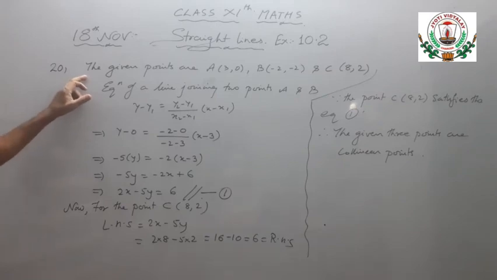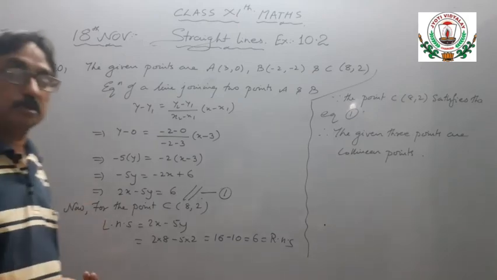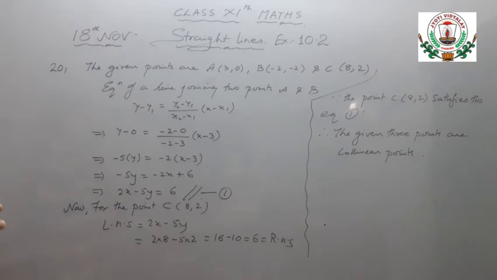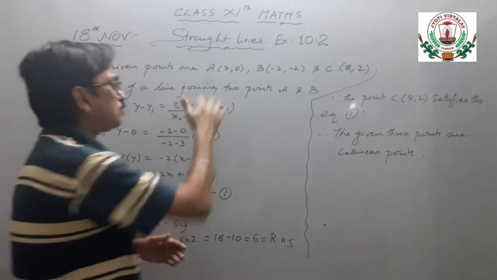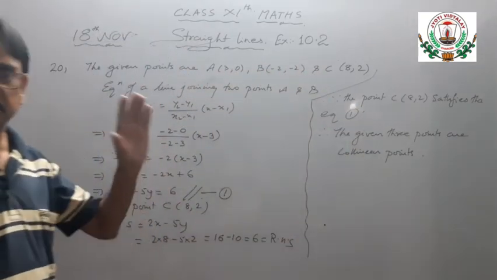Last class we used the concept that area of triangle is equal to 0. If the area of the triangle is equal to 0, the given points are collinear. But here we have to use the concept of the equation of a line. It means that first we have to form the equation of a line with the help of any 2 points out of the given 3 points.